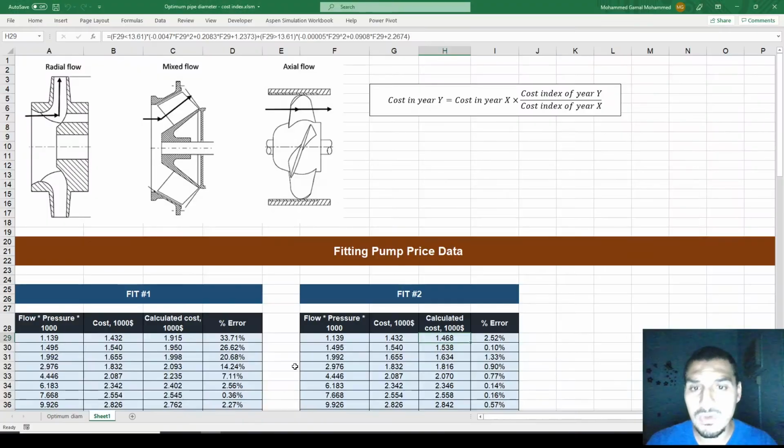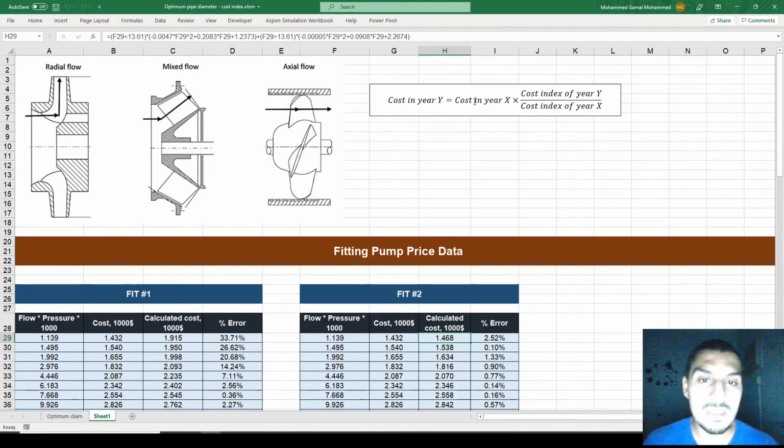Regarding the cost index or the cost factor, this is something that you can understand easily. If you bought something 15 years ago, it might be $1,000, and now if you want to buy it today, it's gonna be $5,000. So the prices are increasing due to inflation and other factors. So the cost factor is the parameter that we can use to predict the price of something in the current time, based on the price at an old time.